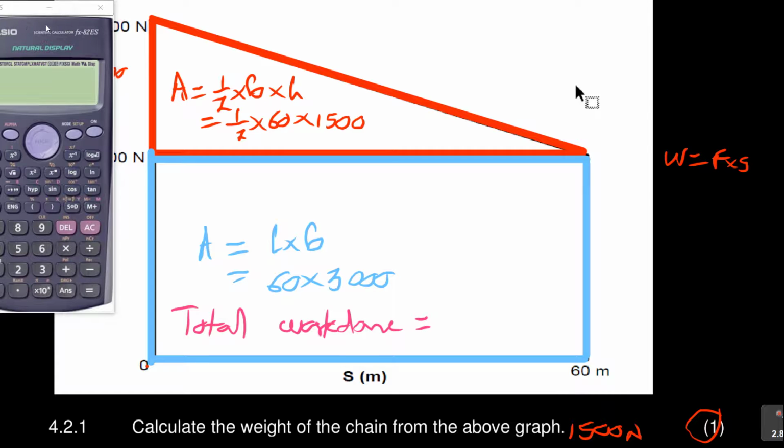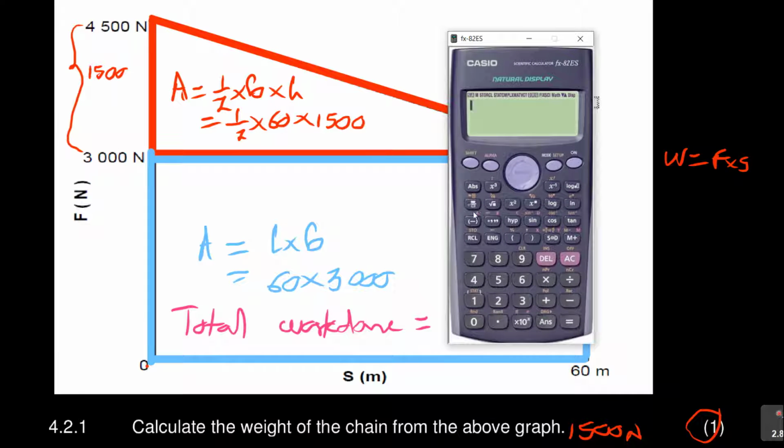I'm just going to use a calculator here. I'm not going to waste time, which is 1/2 times 60 times 1,500 plus, you can put that in brackets so that you are comfortable and not making errors.